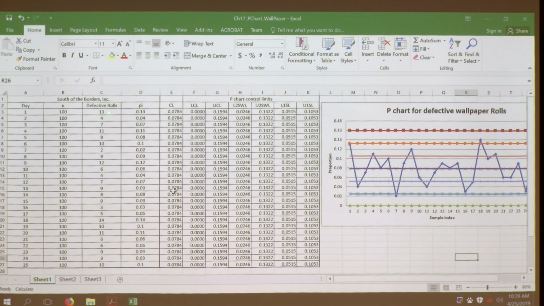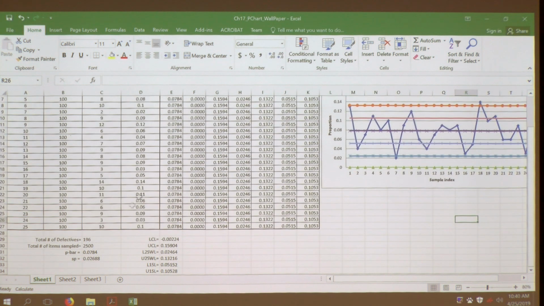The fraction of defective rows. So 13 divided by 100, this is a fraction. Then P bar is the sum of this column divided by the sum of this column, the total number of defectives over the total number of items sampled.